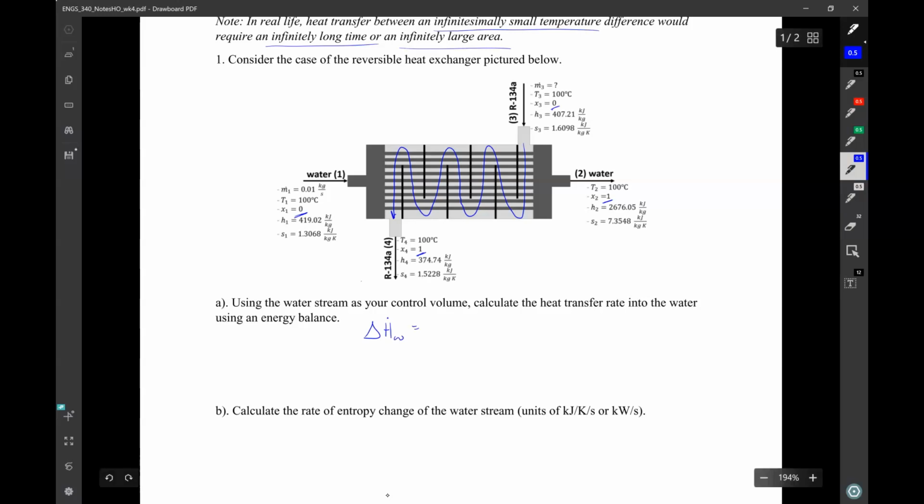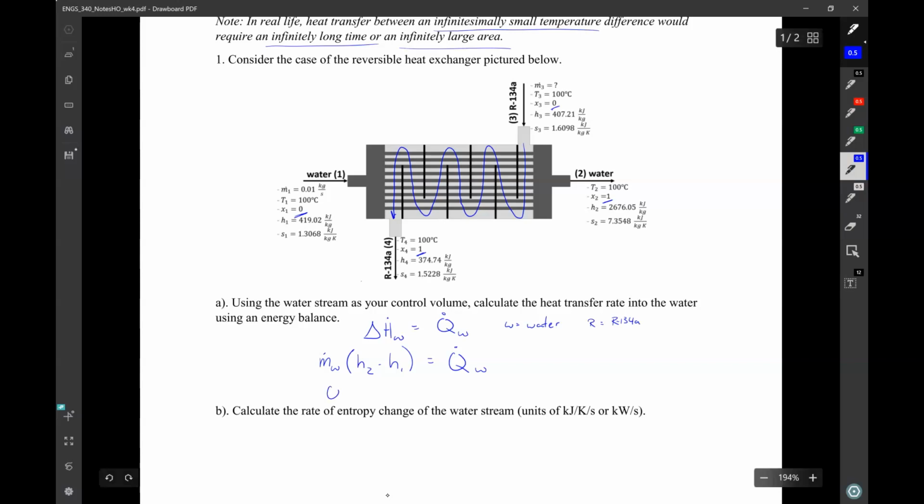We'll use the subscript W to mean water, and R is going to be our subscript for R134A, our refrigerant. Our overall enthalpy is going to be m dot W (h2 minus h1). That equals the heat transfer into our water.